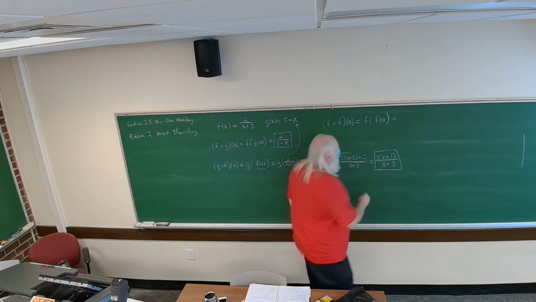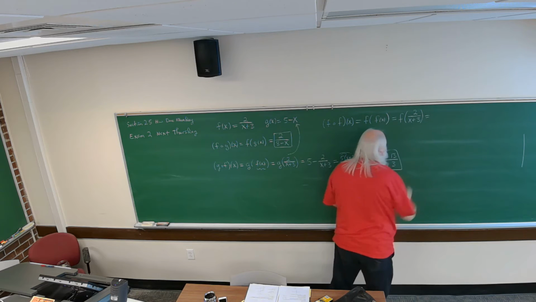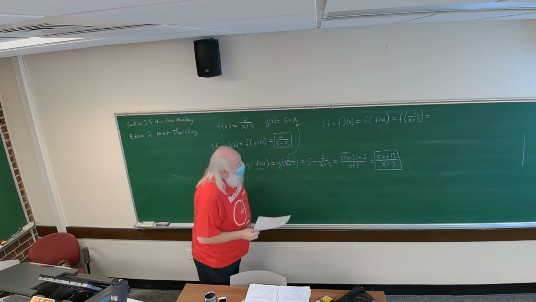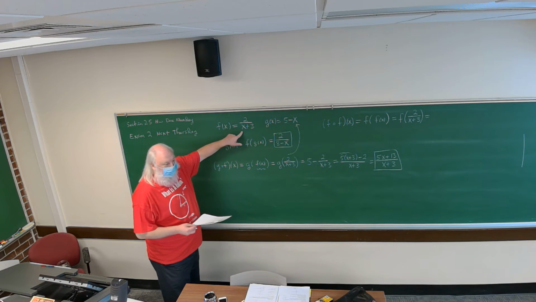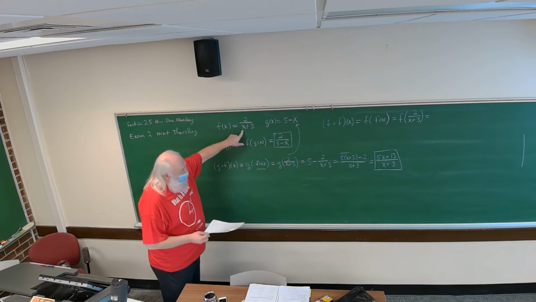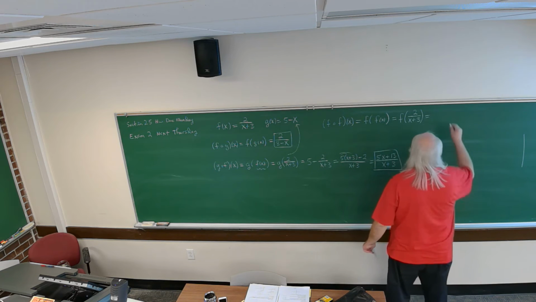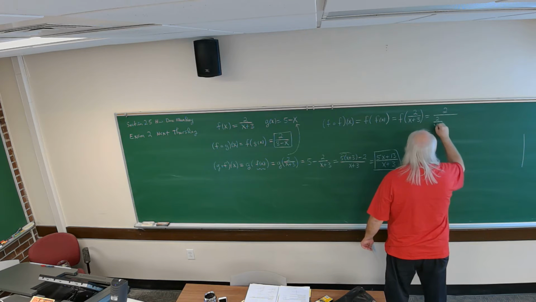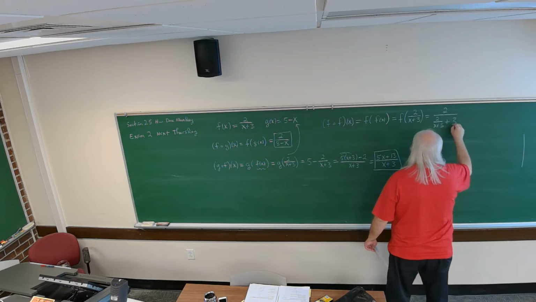So this is equal to f of 2 over x plus 3. And now to evaluate f of 2 over x plus 3, we replace the x on the right-hand side of f of x with 2 over x plus 3. So that is equal to 2 over 2 over x plus 3, plus 3. Okay?